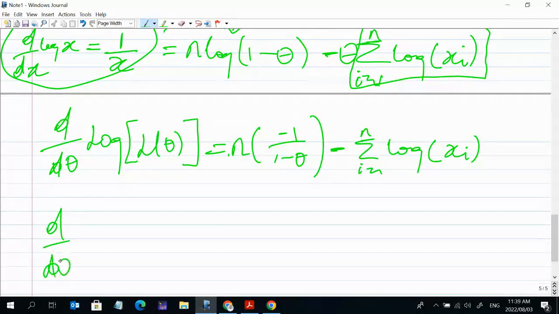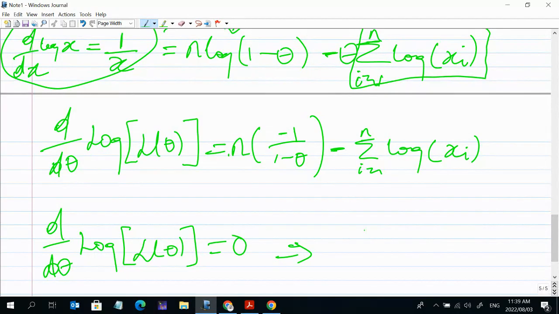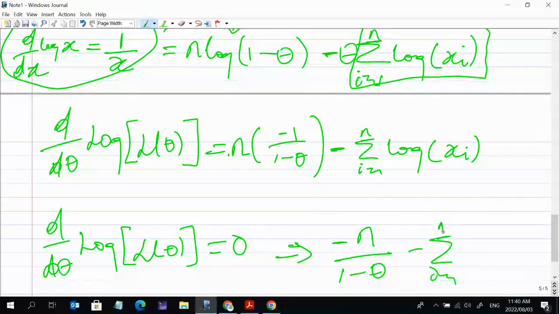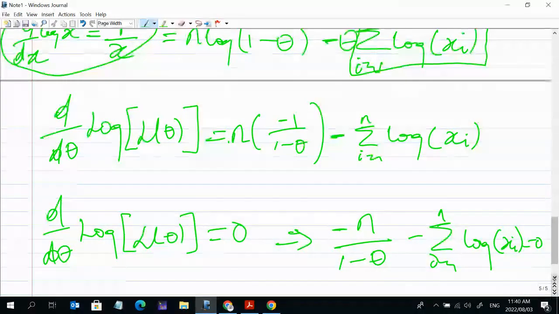So we equate this derivative of the natural logarithm of the likelihood function to 0, and this implies that minus n, since I multiplied this n with minus 1 there, over 1 minus theta, minus the summation of log of xi, is equal to 0. So that's what we are having.